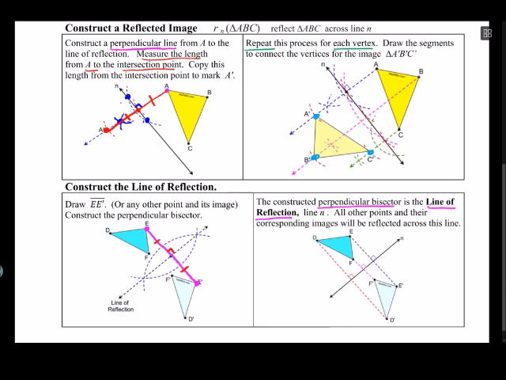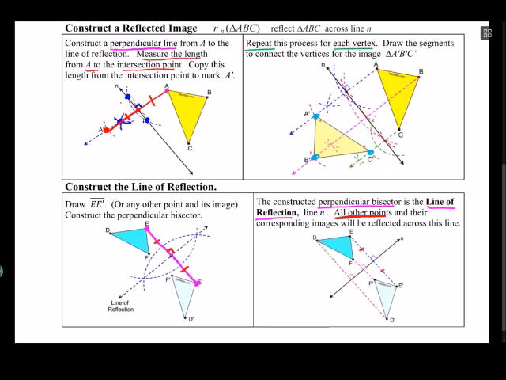Now, the important thing here, all other points and their corresponding images will be reflected across this line. So we can connect all of our image and pre-image points and know that they are perpendicular to the line of reflection and equidistant.